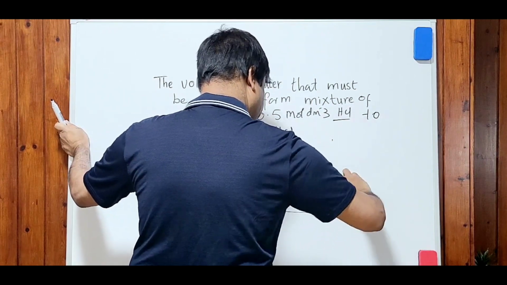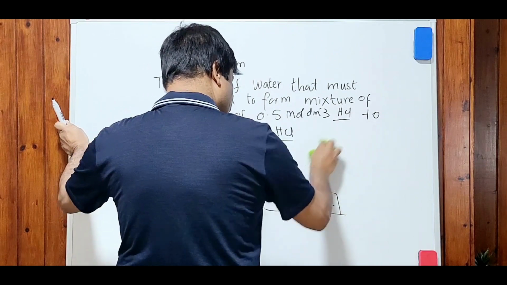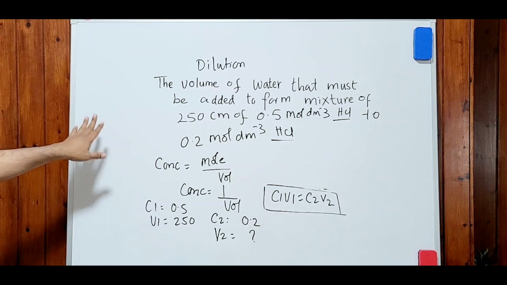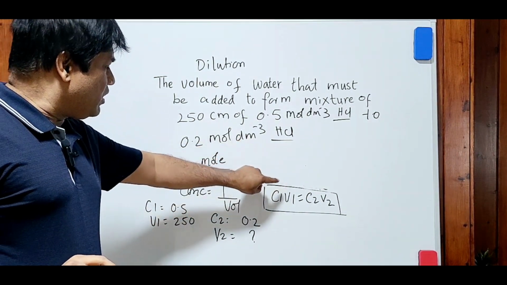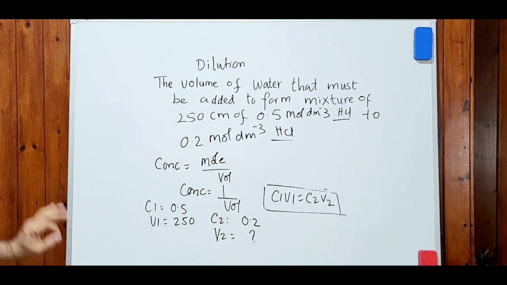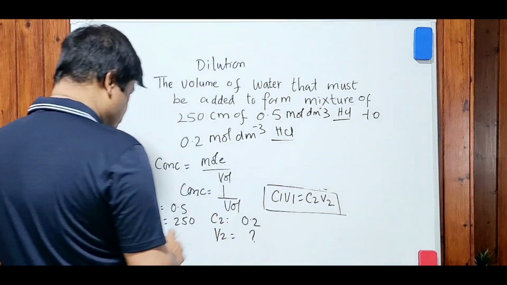Look at that. Use the same formula, C1 V1 equals C2 V2. In some books it is given as M1 V1 equals M2 V2, because molarity and concentration are the same. There's a little bit of difference, I don't want to go into that detail. So C1 V1 equals C2 V2.